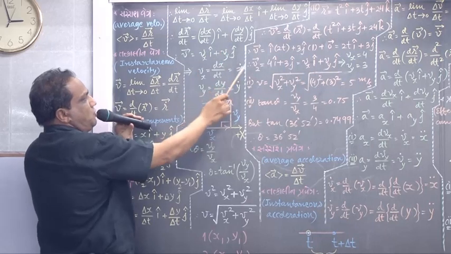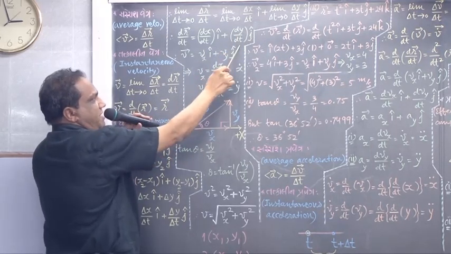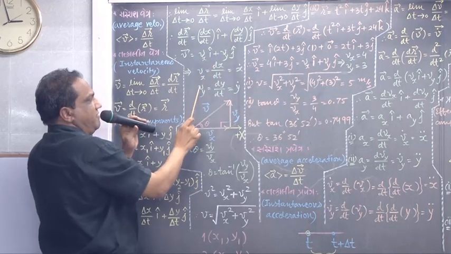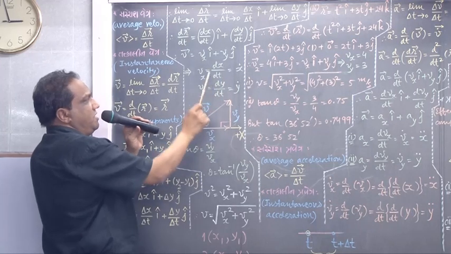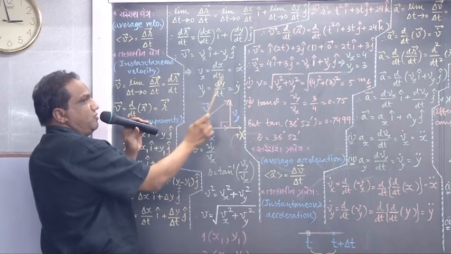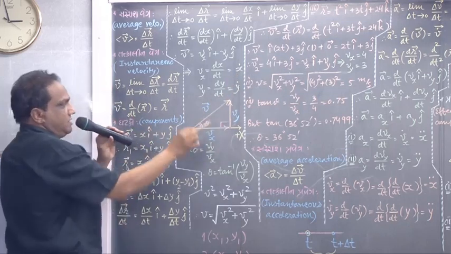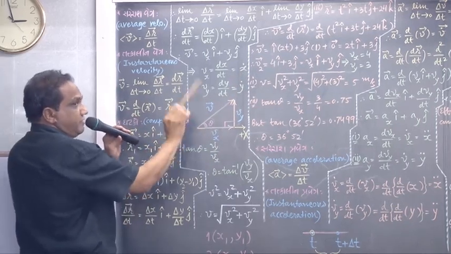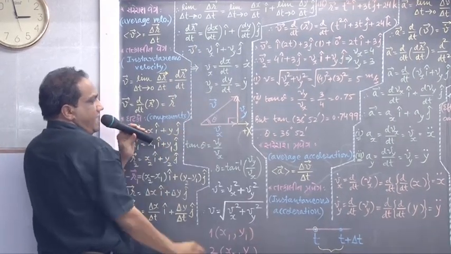Similarly, if you compare these two, the coefficient of j hat is vy and here it is dy by dt. So vy must be dy by dt, the derivative of y with respect to time. You can show it by the symbol y dot.